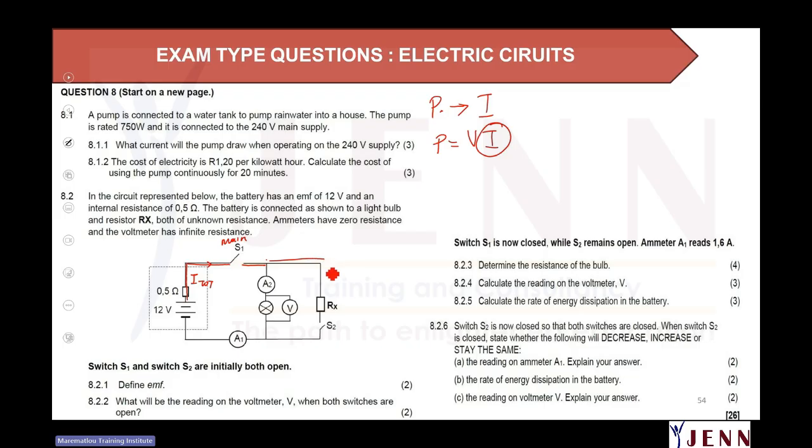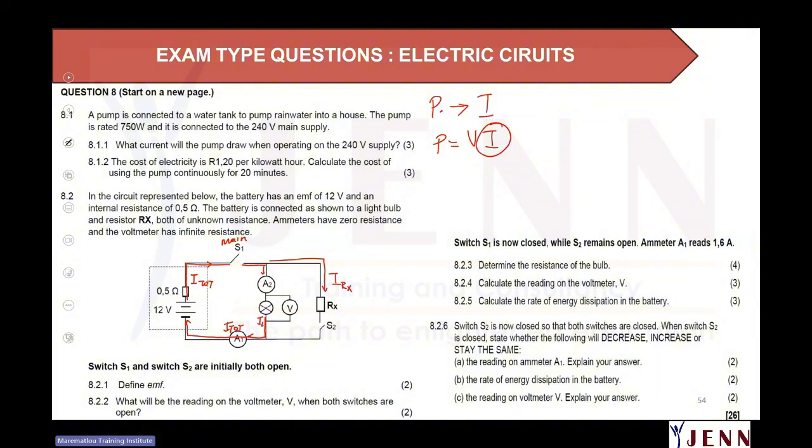Some of it goes that direction. That is the current in the RX resistor, and the current flowing in the bulb, I'll write it I2. And then the total current is the one that's passing in A1, so the current passing in A1 is the same current that is passing in S1 as well.